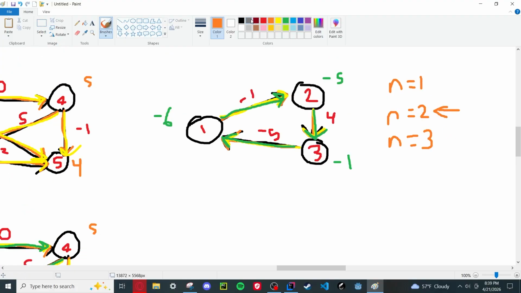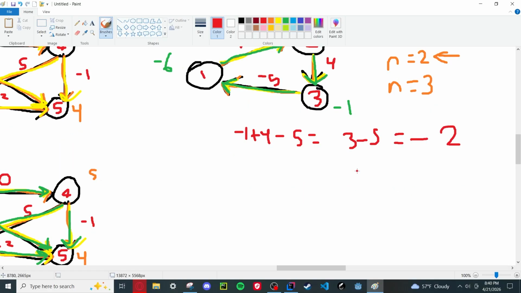Well, that's because from this cycle, what's our total cost? Let's see. -1 plus 4 plus -5. -1 plus 4 minus 5 is 3 minus 5 is -2.